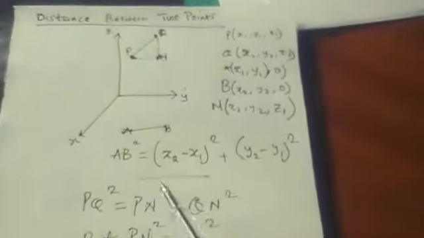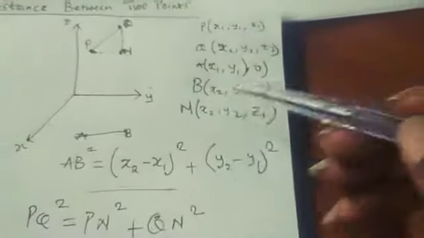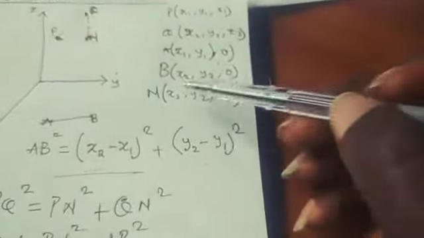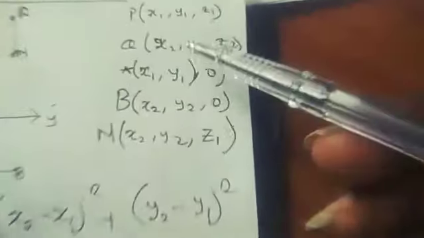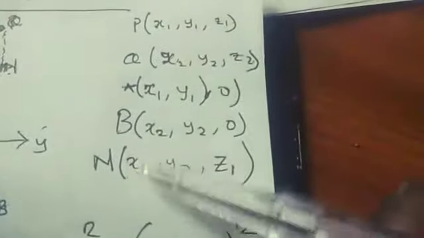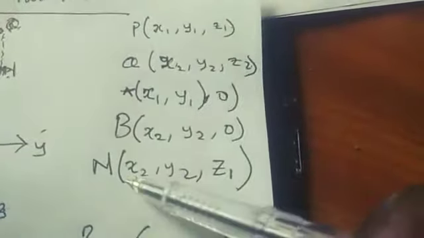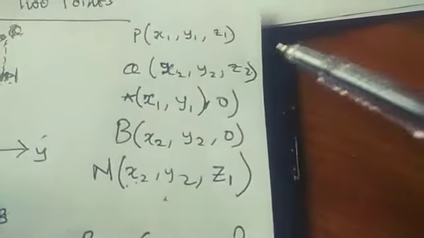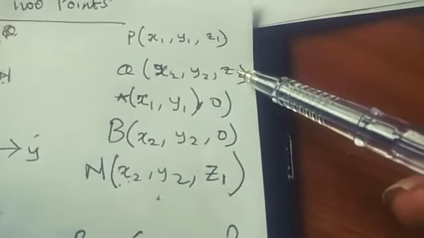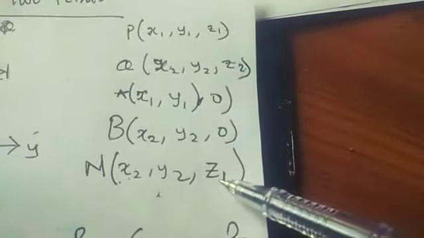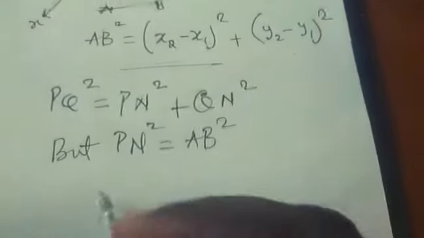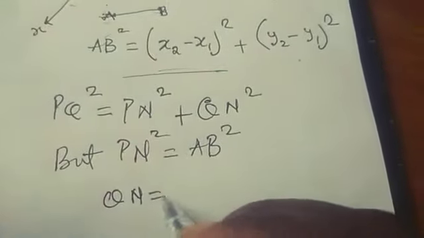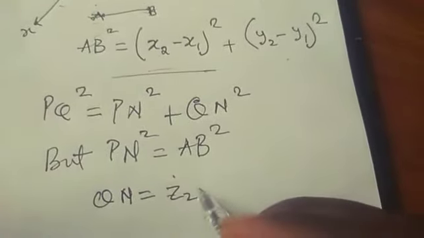Also QN, by the virtue of vector, if you want to find QN, we just subtract this minus this, this minus this. All we have left will be Z2 minus Z1. So QN is equal to Z2 minus Z1.